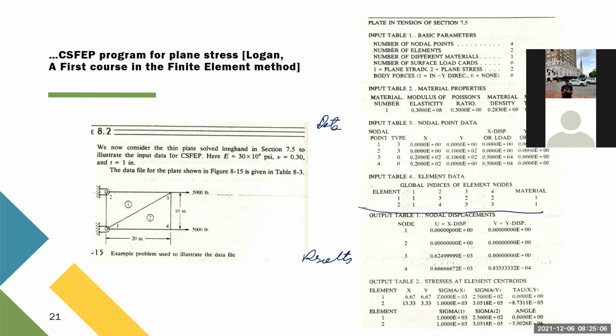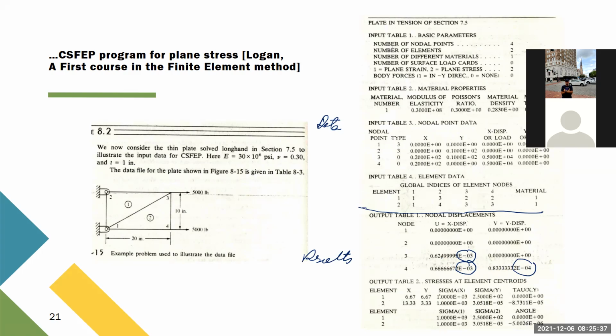Here you see the displacement in the X direction and in the Y direction for each one of the joints. You see that these values, e to the -3, are very small. And also, the displacement in the Y direction is even smaller.